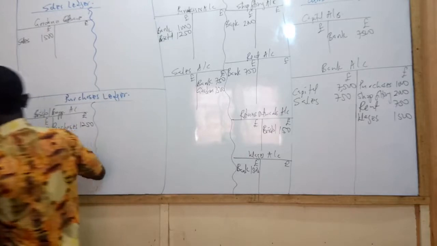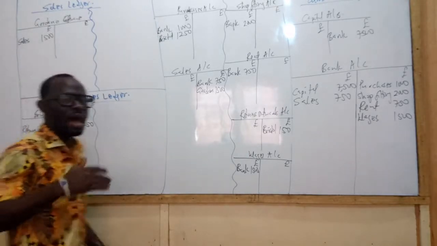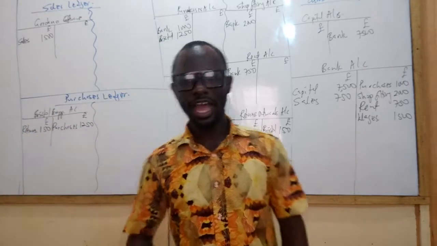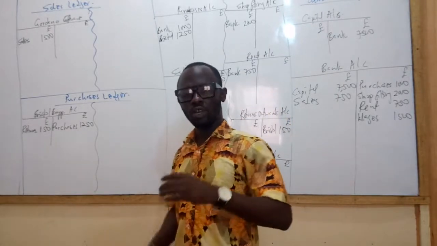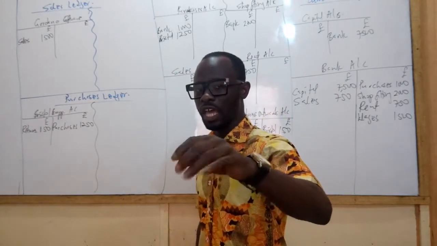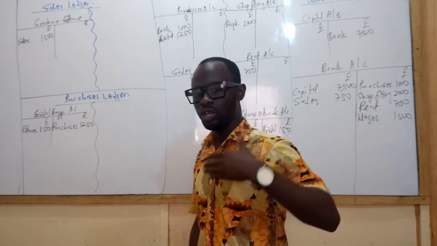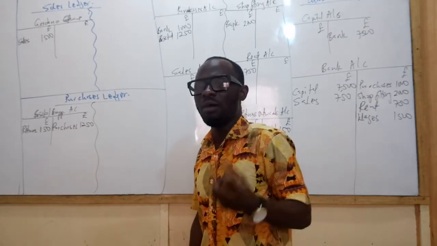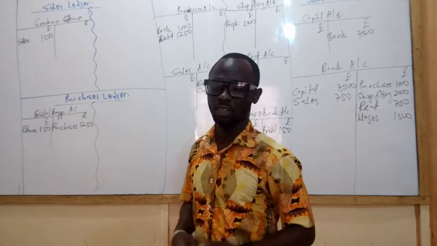So the examiner is saying that we pay the amount owing on their account. If I'm owing you 1,250, and I returned goods worth 150, then how much is left? It's going to be 1,100.